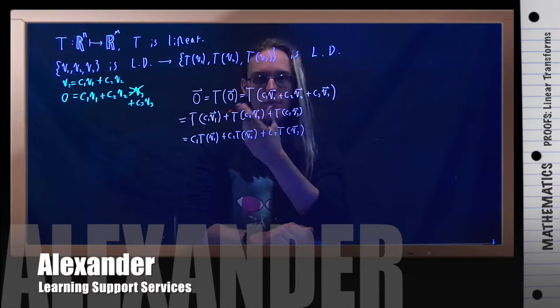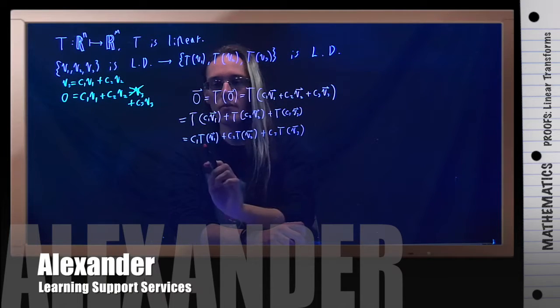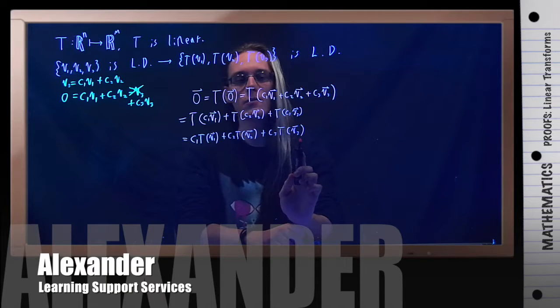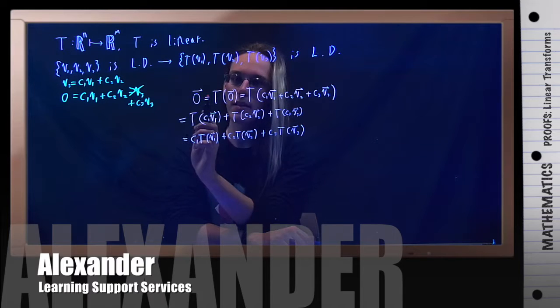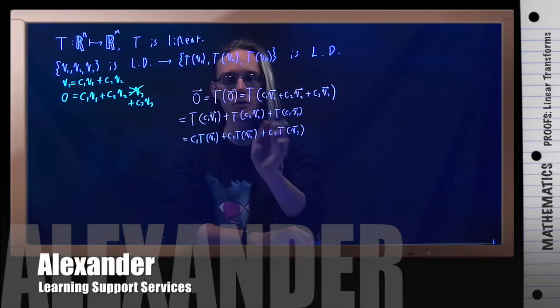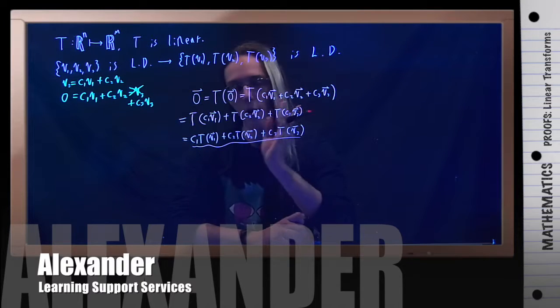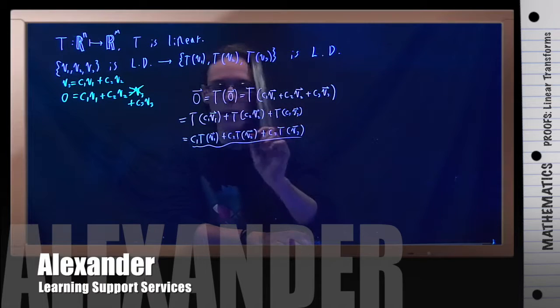And now look at what this means. Can I take some constant times T of v1 plus some constant times T of v2 plus some constant times T of v3 and get that to add up to 0? Well, I sure can, because it says right here 0 equals this, which equals this, which equals this, which equals that right there. And if I wanted to, I could actually solve for one of them. Let's say I solve for T of v3 again.